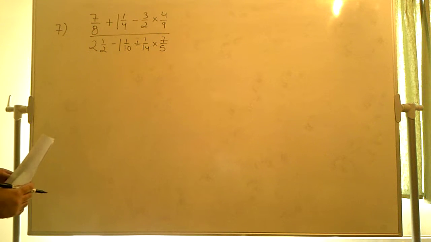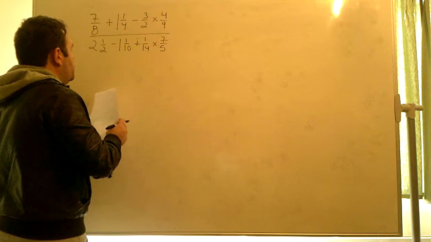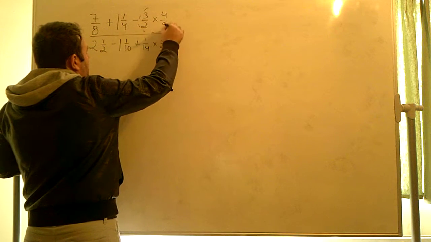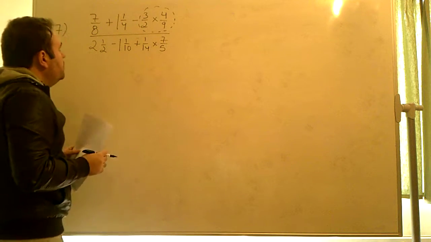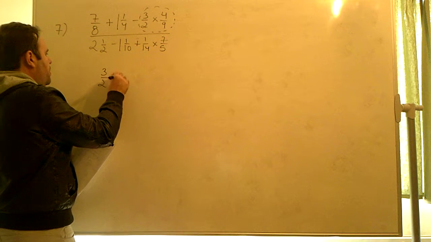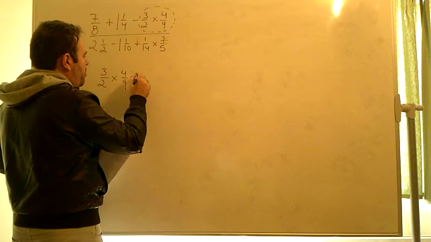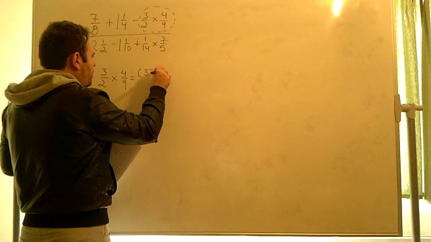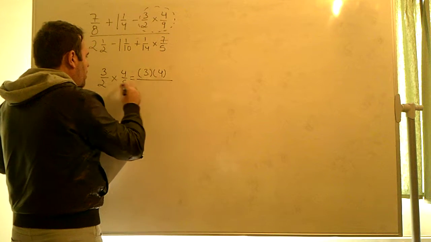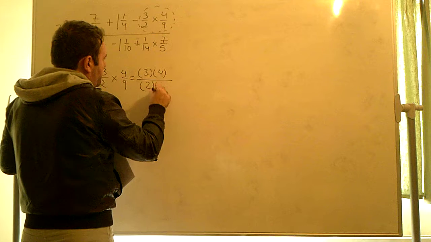So once again, we're going to focus on the numerator first, and we're going to focus on this product. So this would be 3/2 times 4/9. So 3 times 4 is 12, but we're going to leave it like this. And 2 times 9 is 18, but we're going to leave it like this.